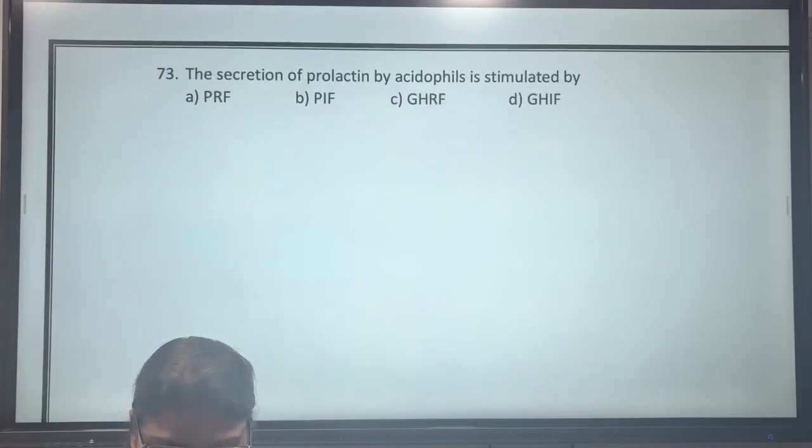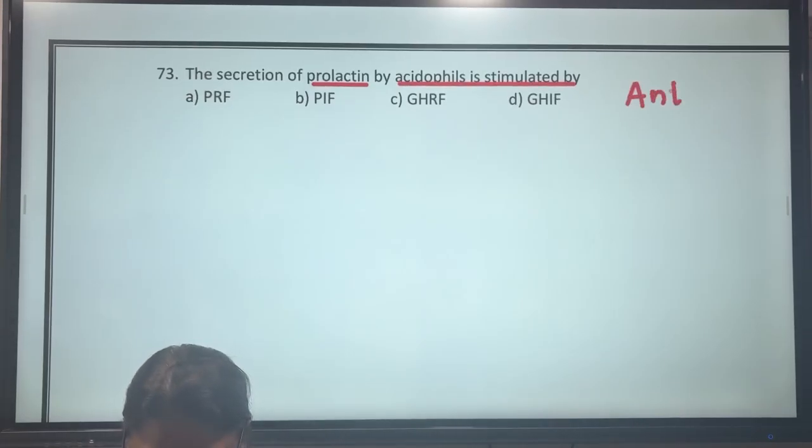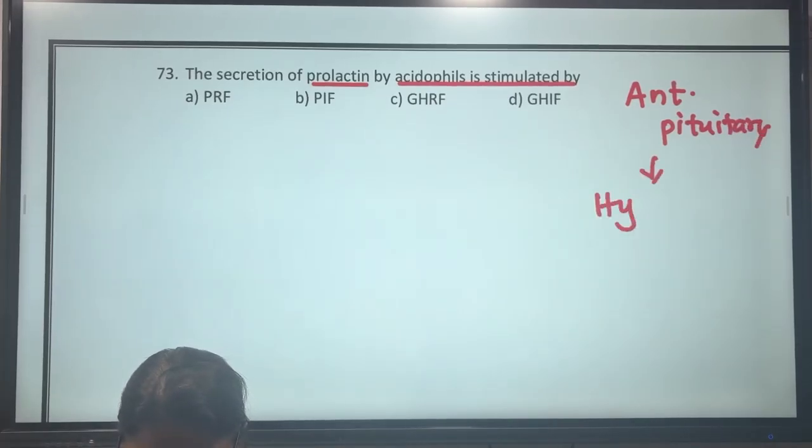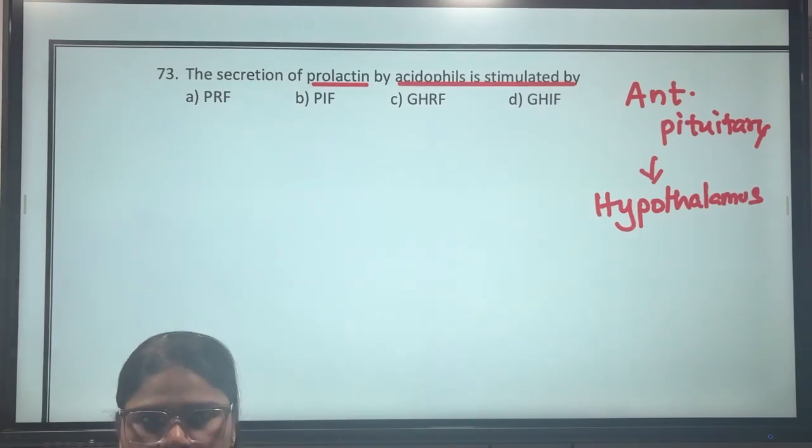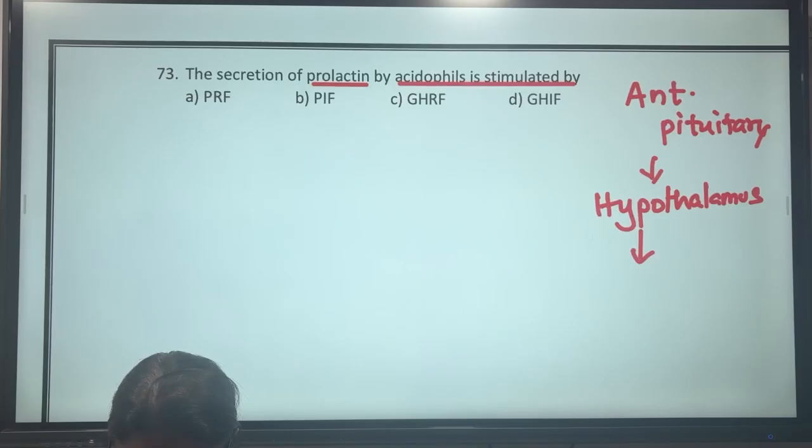That is the 73rd question. Secretion of prolactin by acidophils is stimulated by, you know, prolactin is a hormone of anterior pituitary. And anterior pituitary is controlled by hypothalamus. So hypothalamus has got two types of hormones, RH and IH.